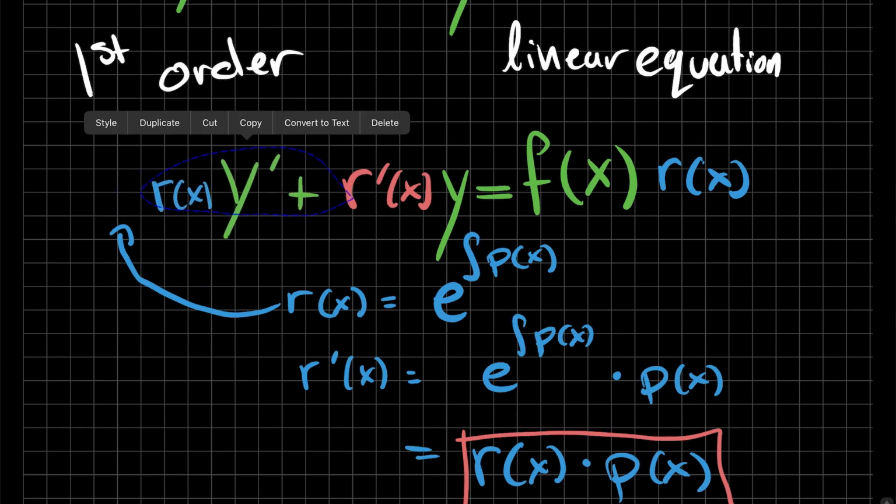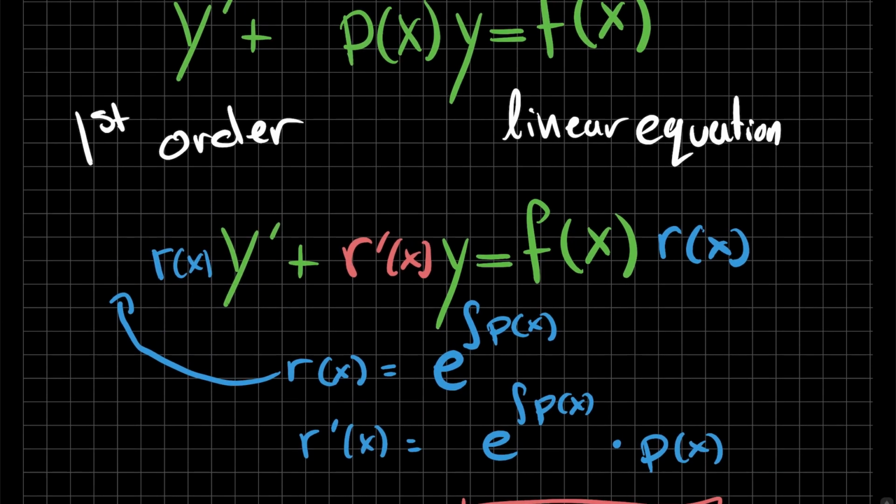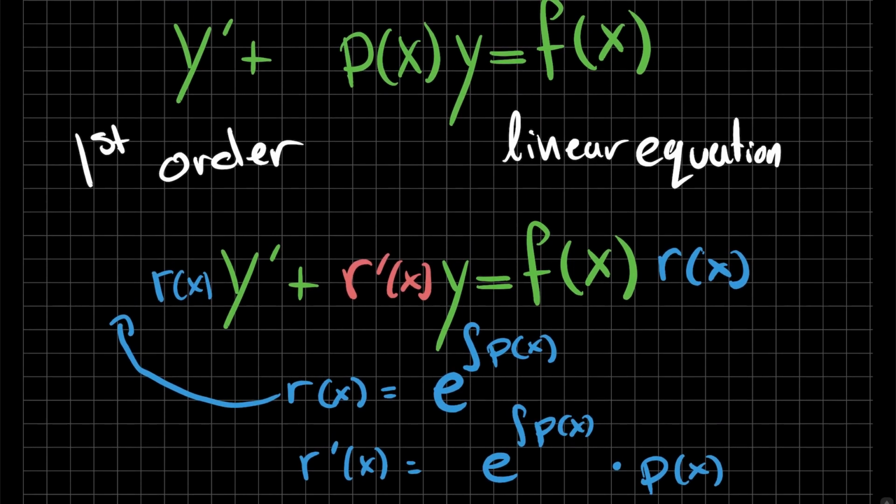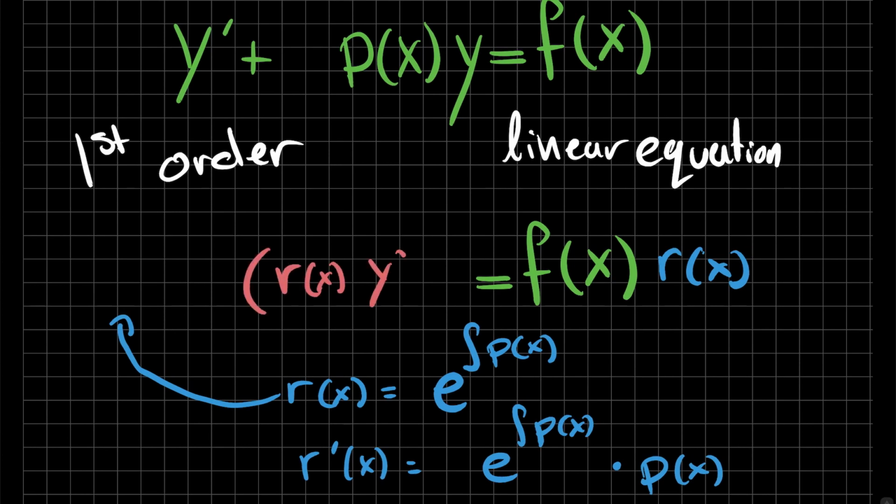This looks familiar. This is product rule: the derivative of the first function times the other one, and then the derivative of the other function times the remaining function. So that means that on the left here, instead of writing all of this, we could just do r of x and y, and we take the derivative with respect to x.